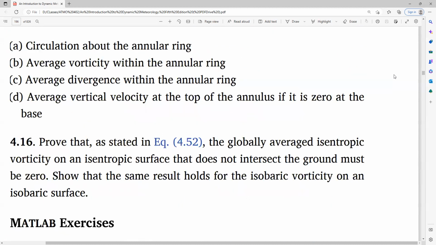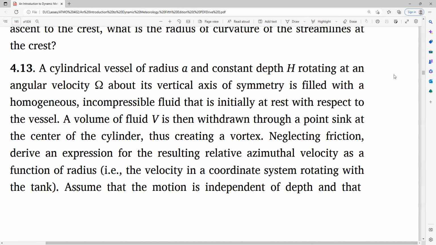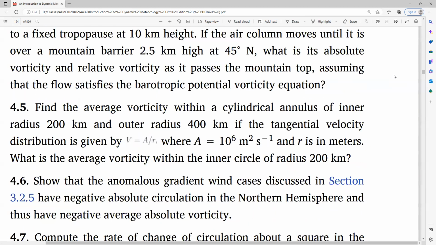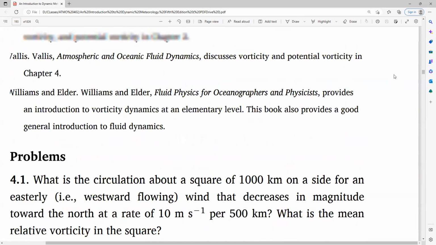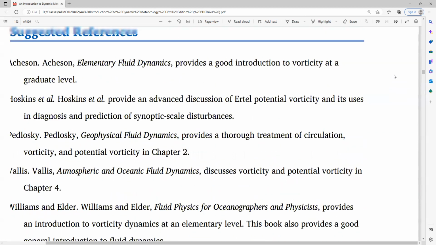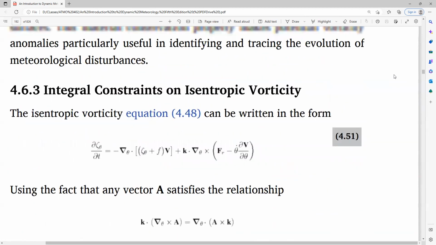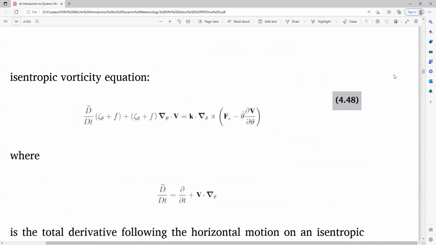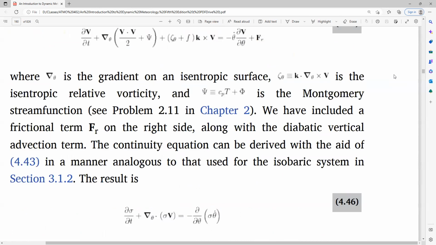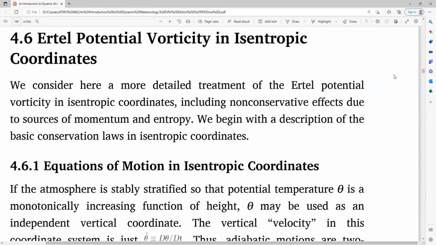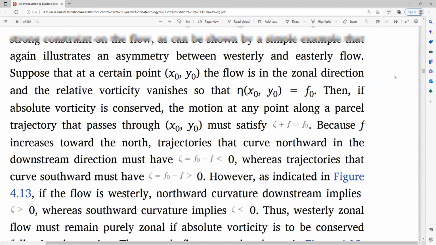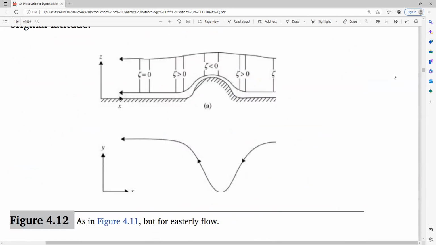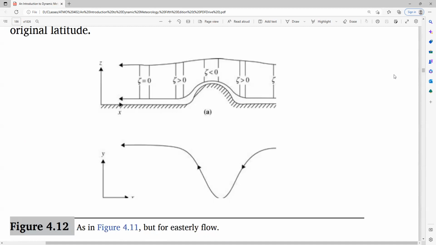And we also use the potential vorticity to discuss the flow over the mountain. Let me look at the flow over the mountain.